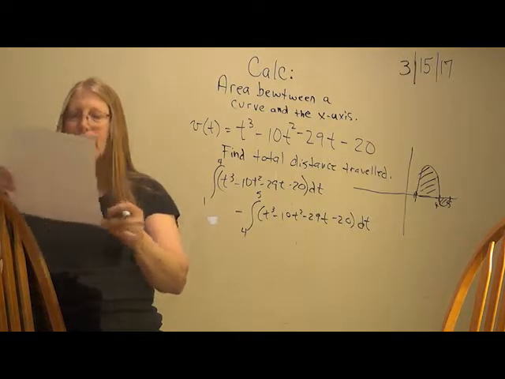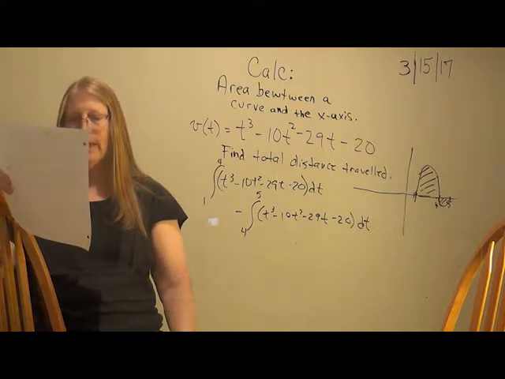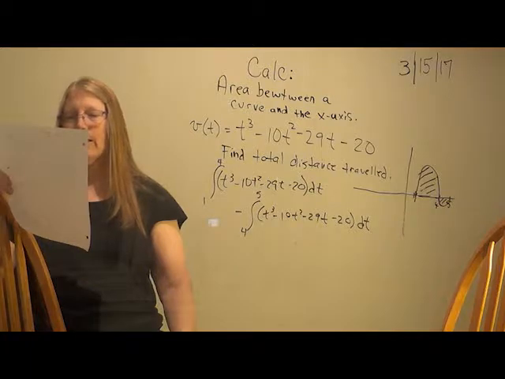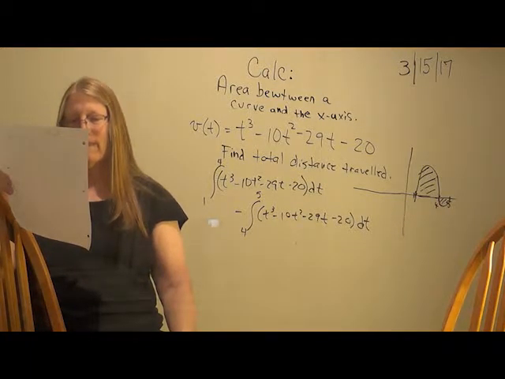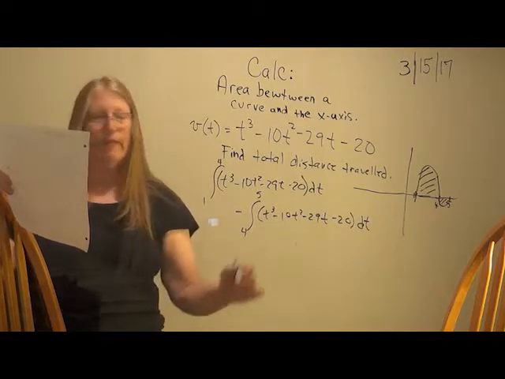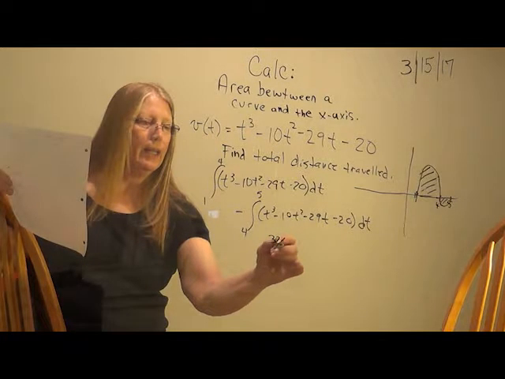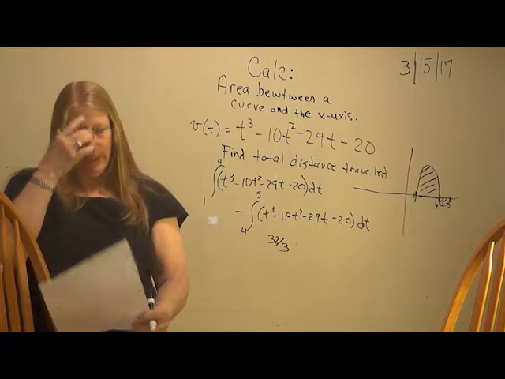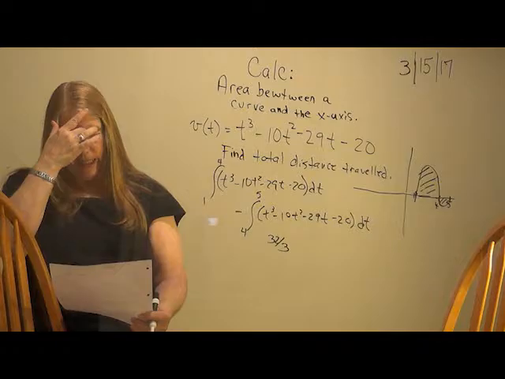If I did all that, it turns out that the total distance traveled is, I have 32 over 3. I think I might have exchanged those two answers, 32 over 3.